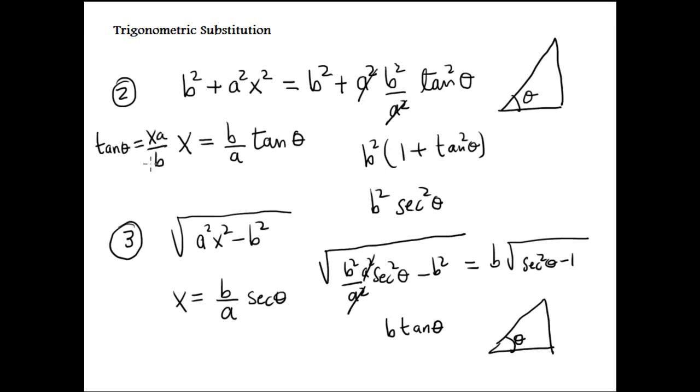By definition, tangent is opposite divided by adjacent, and this is then the square root of b squared plus a squared x squared.